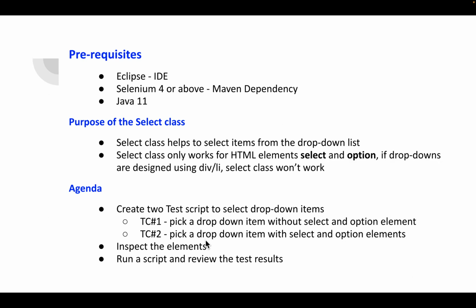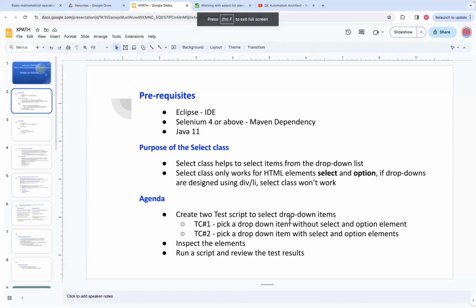In test case two, we are going to pick a drop-down item with select and option HTML elements. And then we are going to inspect the elements on the web page of the respective application, and then run the script and review the test results. Let me open up Eclipse and review our test script.